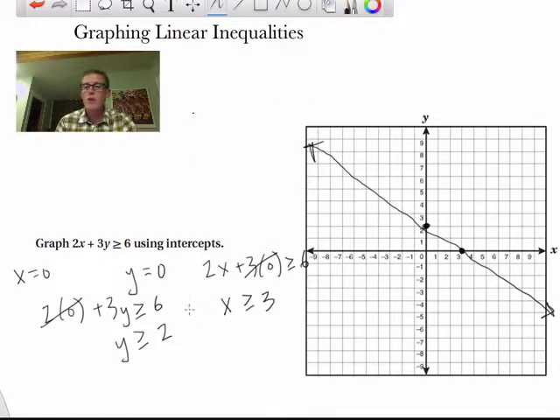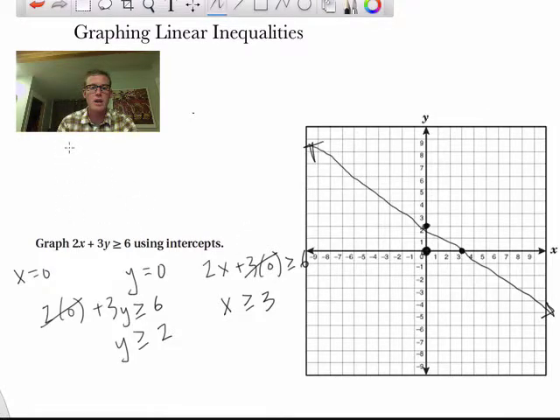What I want to do now is check to see if there's shading on this side or if there's shading on this side of the line. The way that I'm going to do that is I'm going to look for a point that is not on the line. In this case, let's look at an easy one. Let's use (0, 0). Okay, so I'm going to go back into this equation.